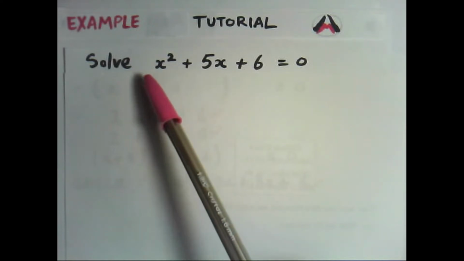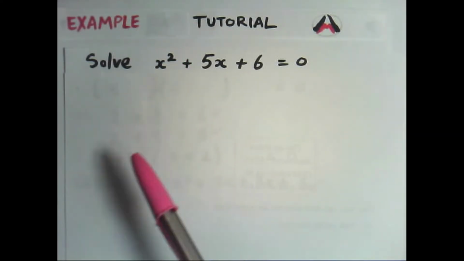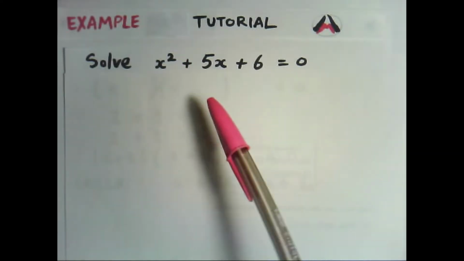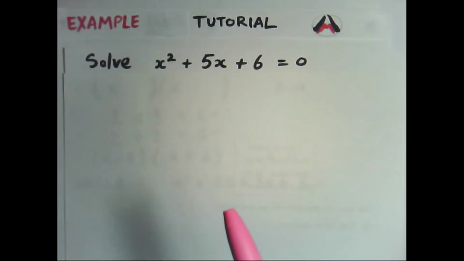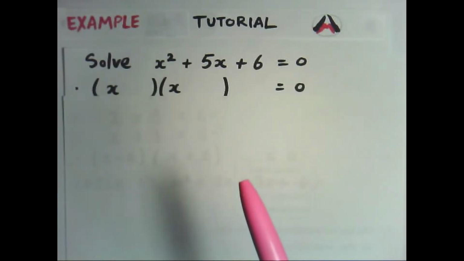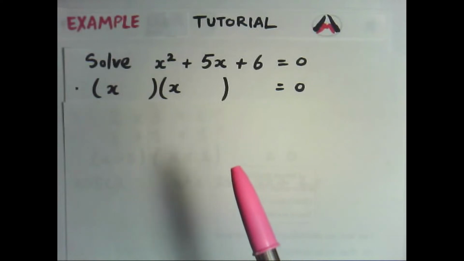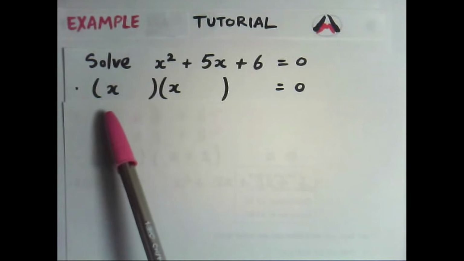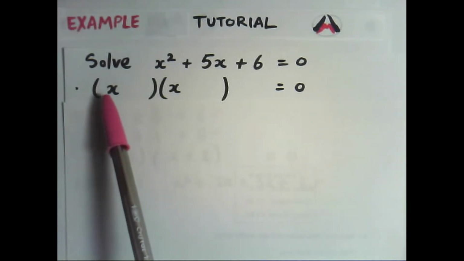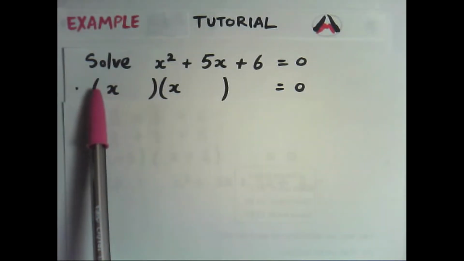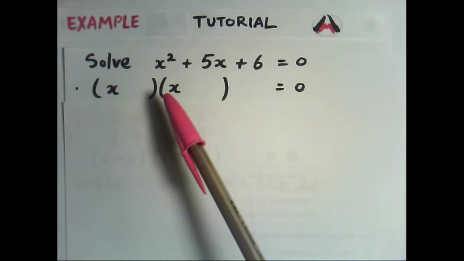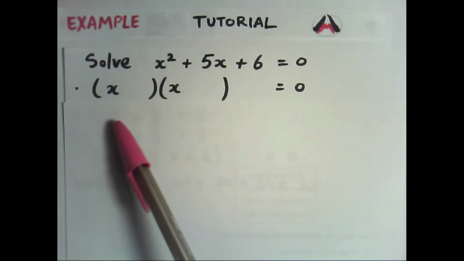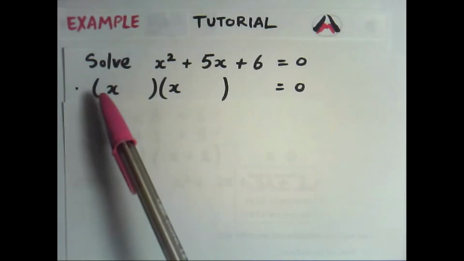give us x squared. So what two terms could we use to give us x squared? Well, that can be written as this, where if we were going to expand out these double brackets, we'd have x times x, and that would give us x squared. So we know we're on the right tracks there.